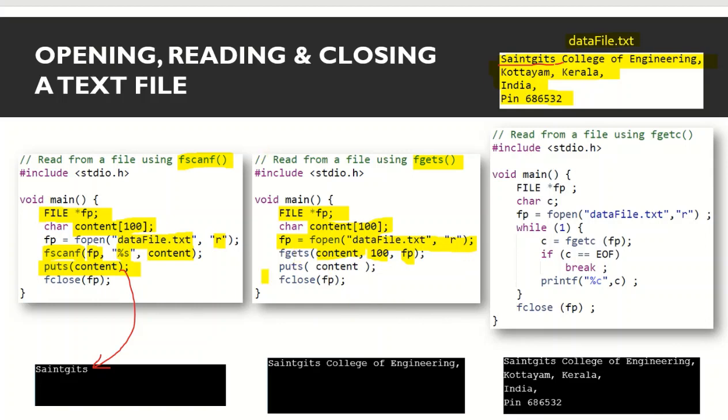Now to understand what is read using fgets, we are using the puts function to display it to the console. So puts content will display the first line of the data file. That means the fgets function can read up to the new line character. When it encounters a new line character, it stops reading.